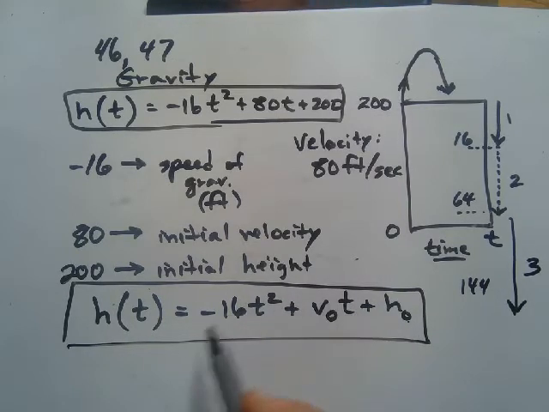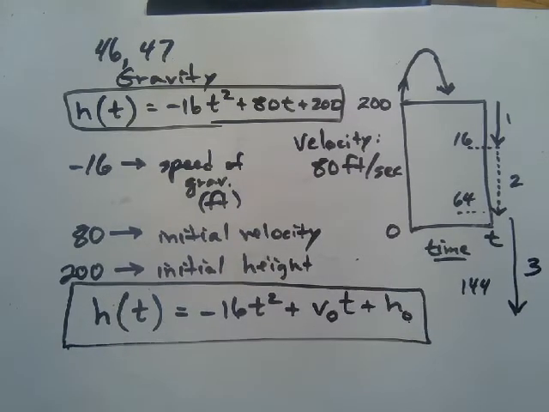And what all that gives you is the final, or the output height of the object. So we're going to go ahead and finish this problem using this formula. Let me erase here and we'll go back and do the problem.